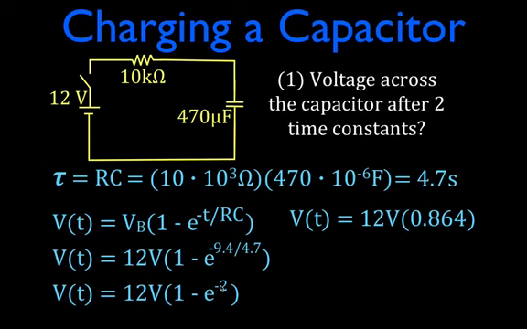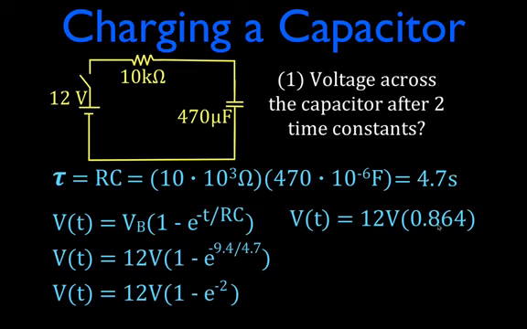0.864. Now if you remember, after one time constant, the voltage across the capacitor will be 63.2% of the voltage of the source. After two time constants, it's 86.4%.